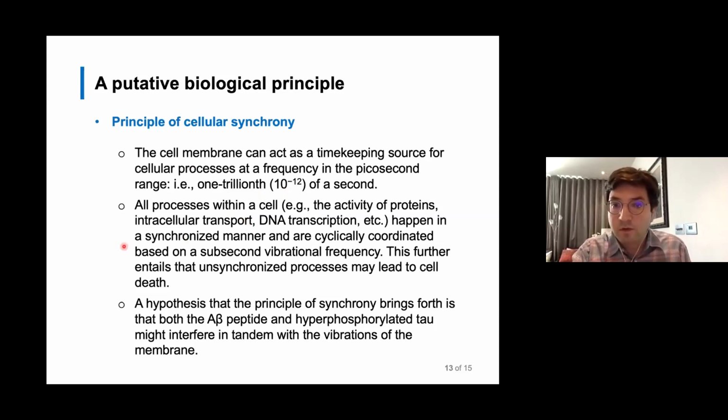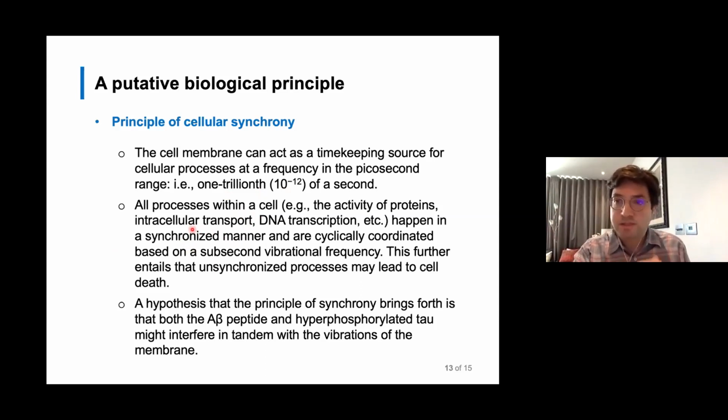It follows from this that if this synchronized manner in which these intracellular processes are taking place is somehow disrupted, this could lead to cell death. So in a way, the cell membrane might be acting as a pacemaker for what's happening inside the cell.